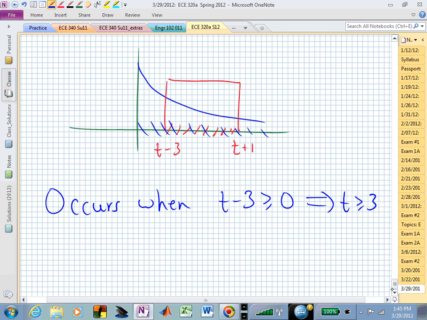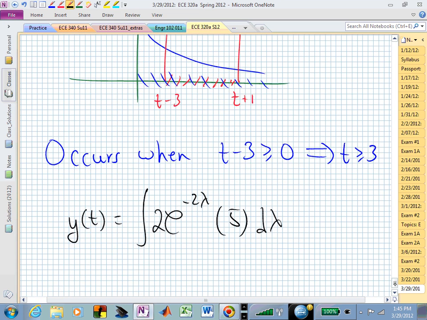And what's the convolution integral? y of t is now, the argument is what it was before. It was 2 e to the minus 2 lambda times 5 d lambda. The only thing that changes is the limits of integration. And these limits are not the same as the interval where it's valid. This integral is valid for all t greater than or equal to 3.